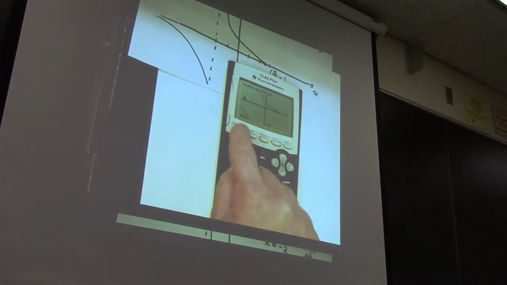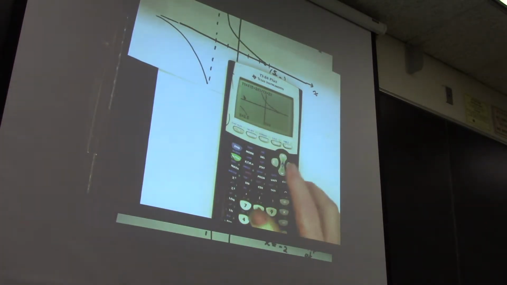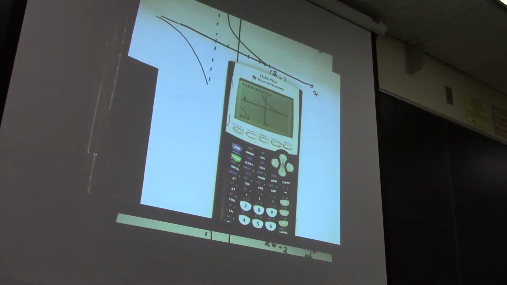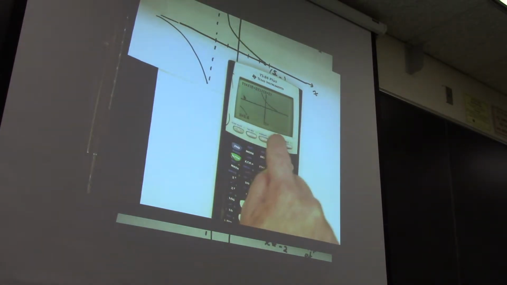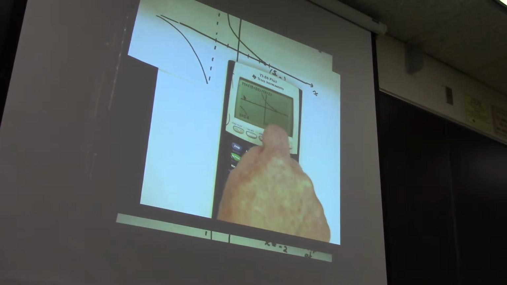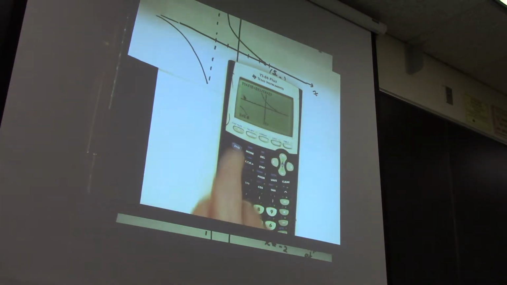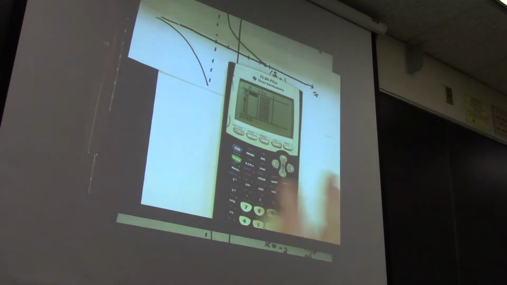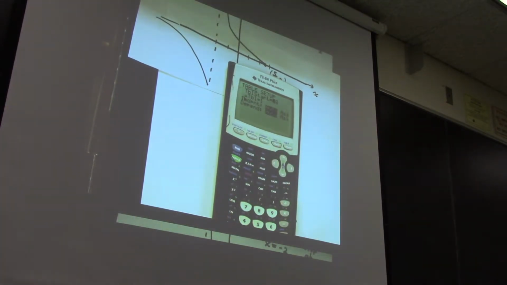At 2.5, the y value is 0. And after 2.5, says 2.6, y equals blank, which means there is no y value on the graph. And if you look at your table, ooh, why am I way up there?